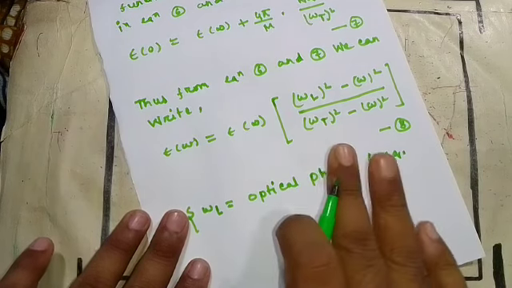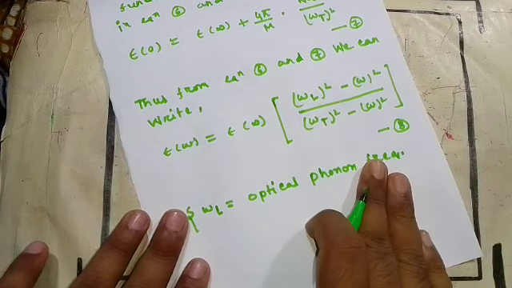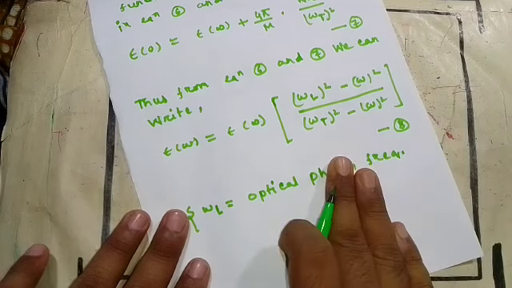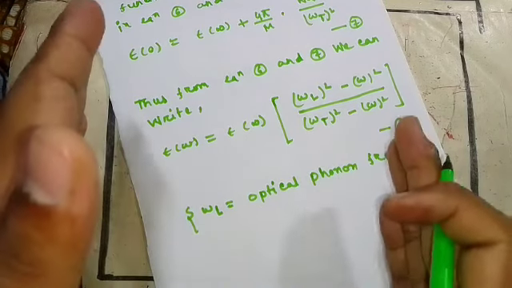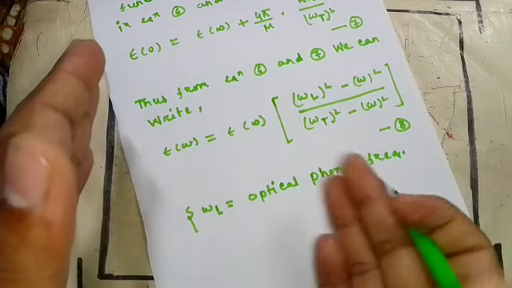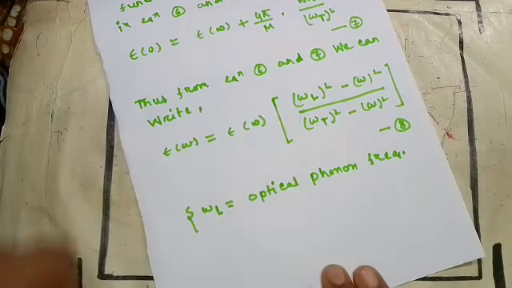Now I again substitute omega is equal to 0 in equation 8 to find the LST equation.